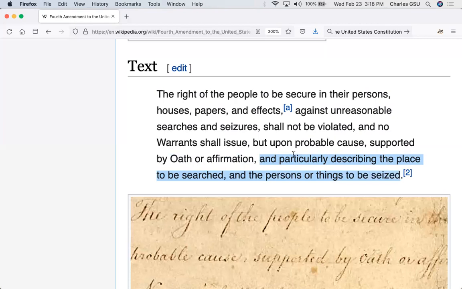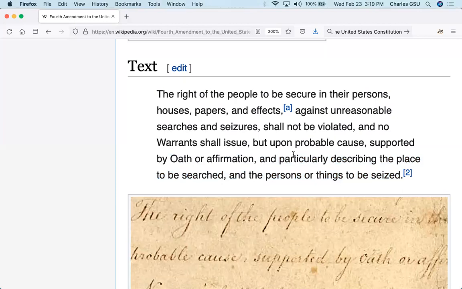So, all right, this is your typical prevention of law enforcement having either a knock warrant or a no-knock warrant, just breaking in and searching your place.